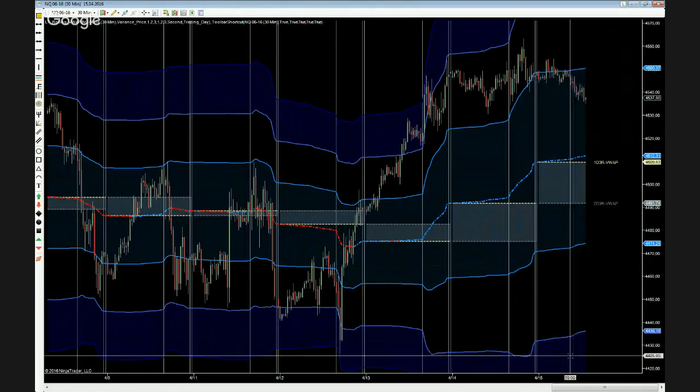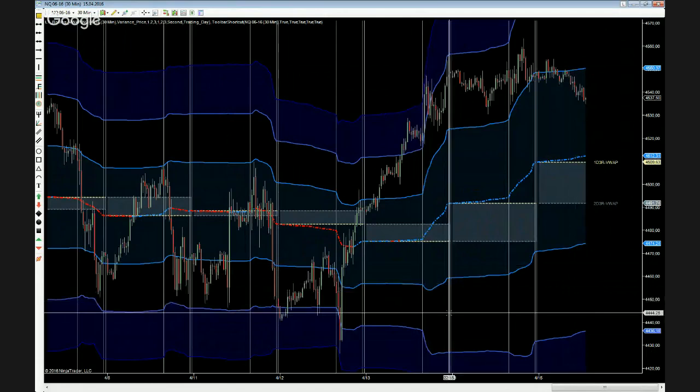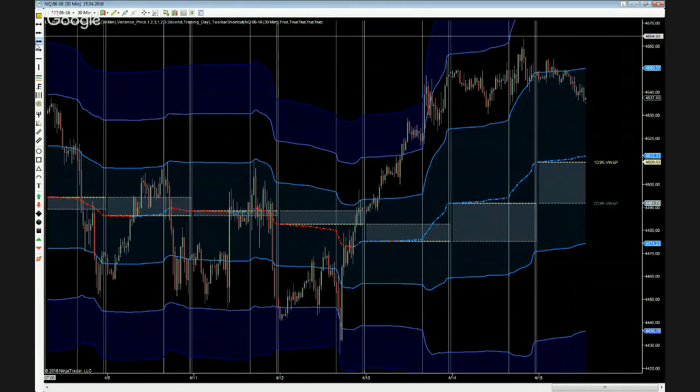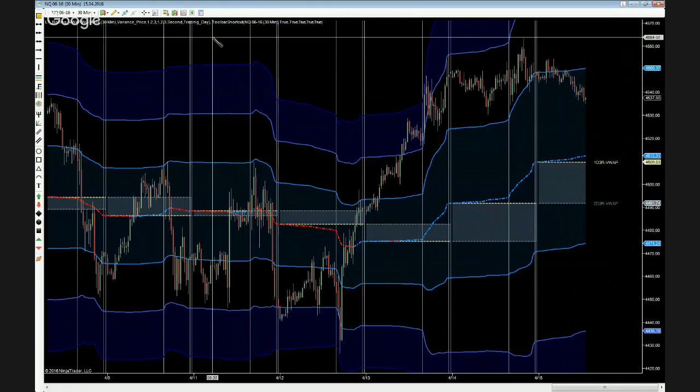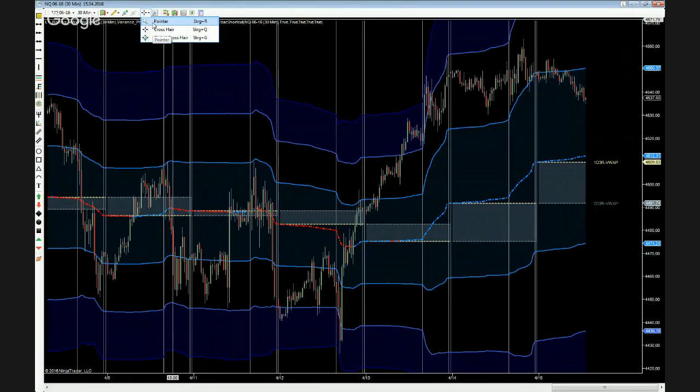So here we see the rolling VWAP, and we use this as a trend filter. When the price is moving through this VWAP line, this is the 3 day average of the VWAP, then we break through this, and we're in an uptrend, as you can see here.